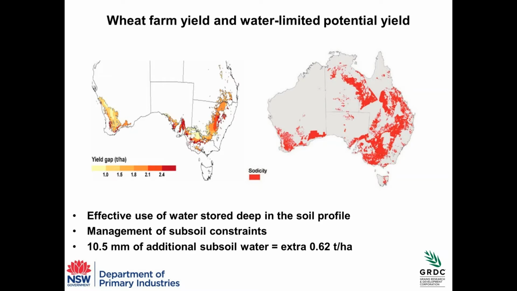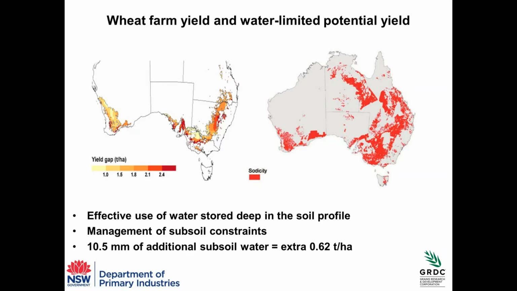It's anything from just under 1 ton per hectare to about 2.4 tons per hectare. If you compare the map on the left-hand side with the map on the right-hand side, which represents the distribution of sodic soil across Australia, you will see that often those areas that suffer from that yield gap are also dominated by soils that have some sort of constraint. In this case, I'm just showing sodicity.